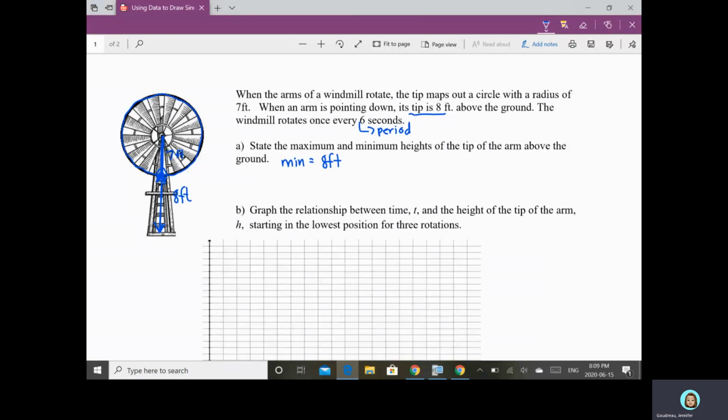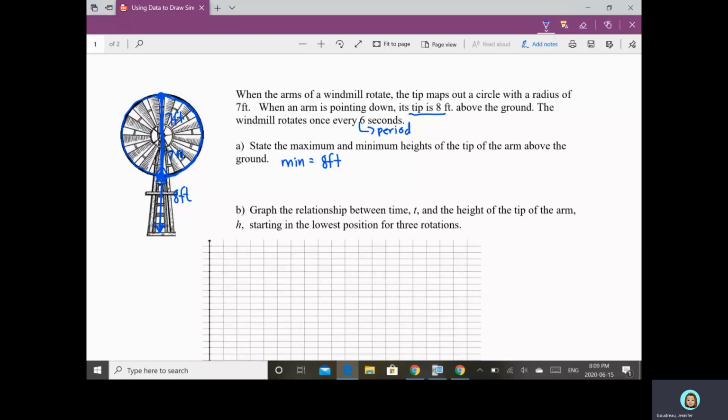As we follow the tip of the arm as it goes around the circle, it's going to be at the maximum height right at the top of the circle. Now, we've drawn the radius here to be 7 feet, but we should recognize that from the center to the top of the circle, that is also 7 feet.